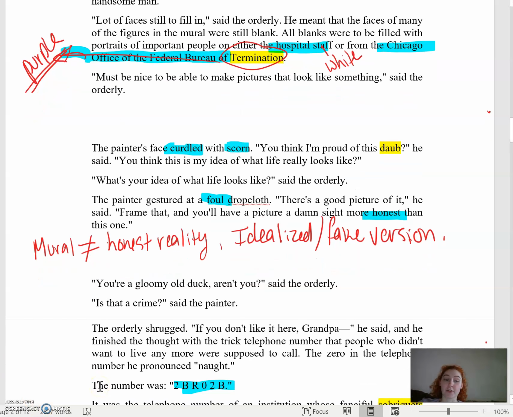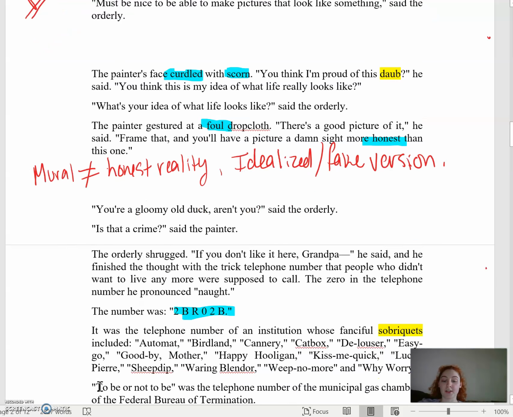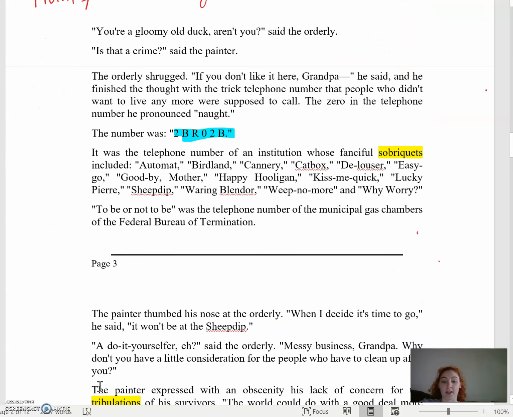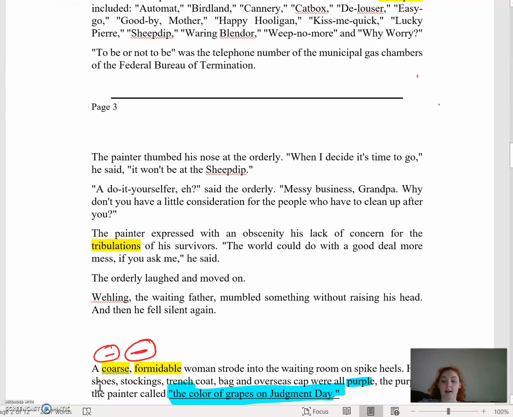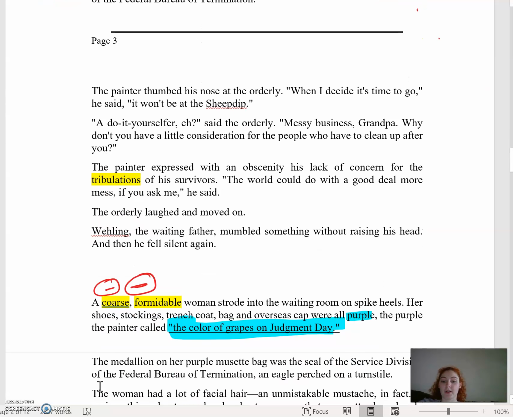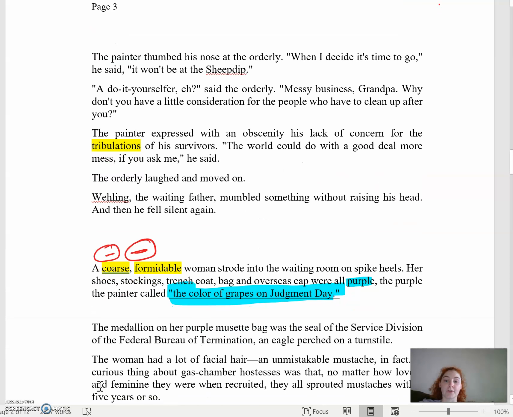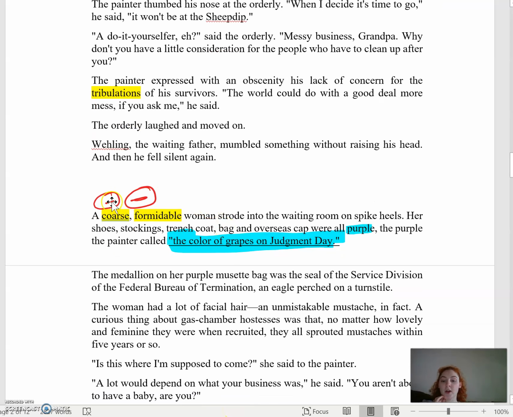Go ahead, and if you need to, pause me and start writing up your answers for number 4 and number 5 there, and we're going to keep moving along to the fourth character that gets introduced on page 3. The woman in purple walks on, and she is immediately described with some very negative connotations.